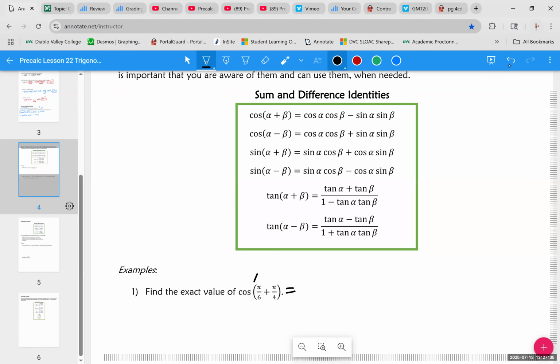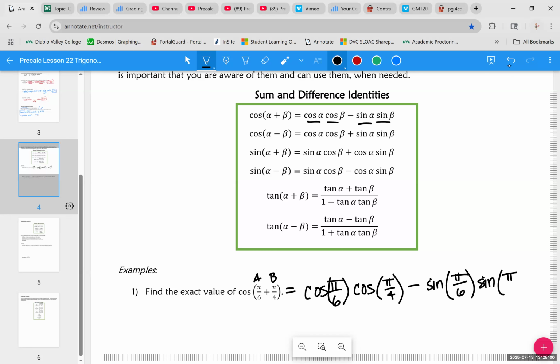If this is my A and my B, or my alpha and my beta, I'm going to do cosine of the first one times cosine of the second one minus sine of the first one times sine of the second one. So I'm just applying this formula to this particular example.